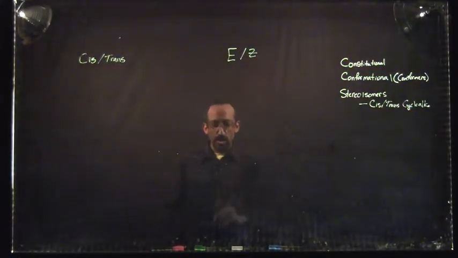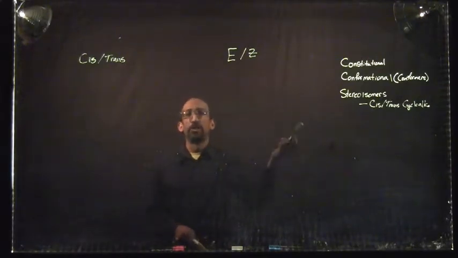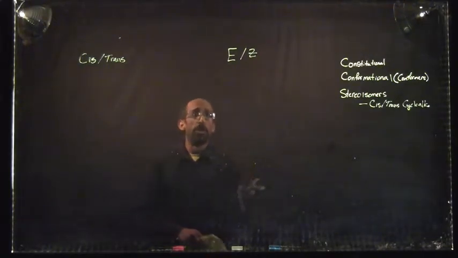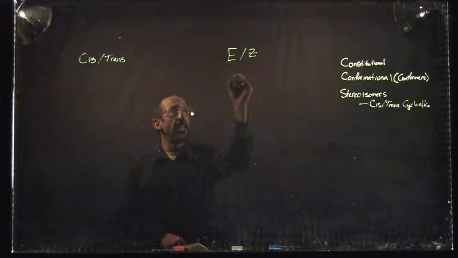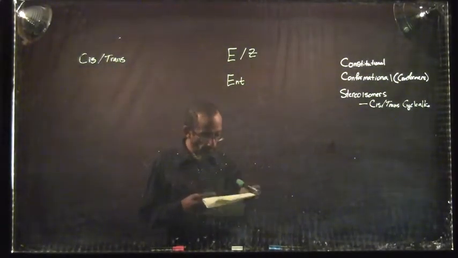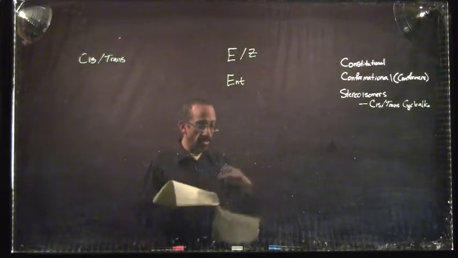So for our E and Z nomenclature, I want to start off with just going into what these terms E and Z mean. So both of these descriptors come from German words, E for entgegen, and just make sure I've got my spelling right here.